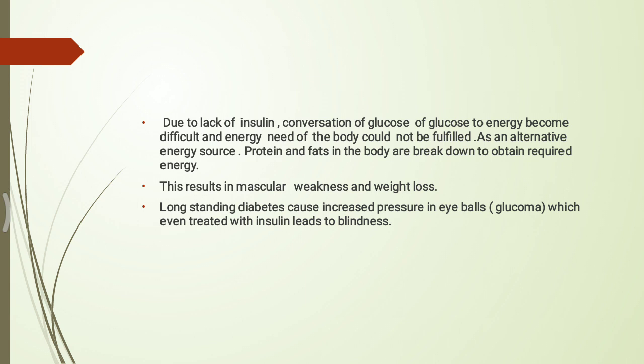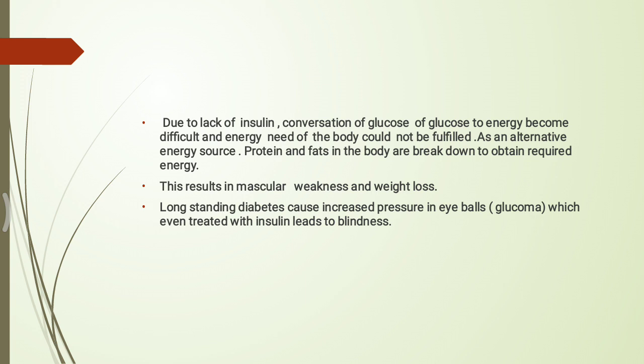In a diabetic patient, due to lack of or insufficient insulin, the conversion of glucose to energy is affected. The main source of energy is glucose, and the production of glucose depends on insulin, right?